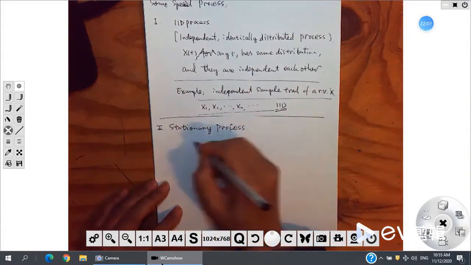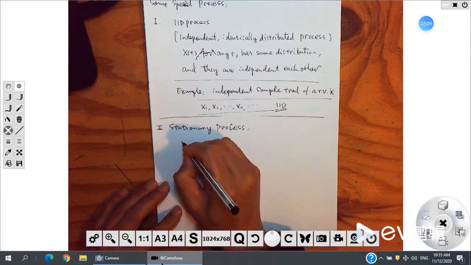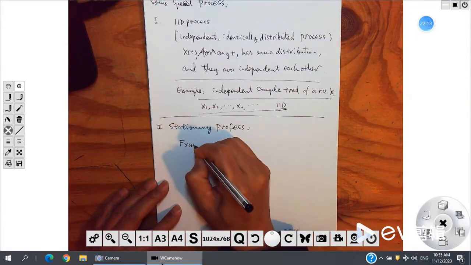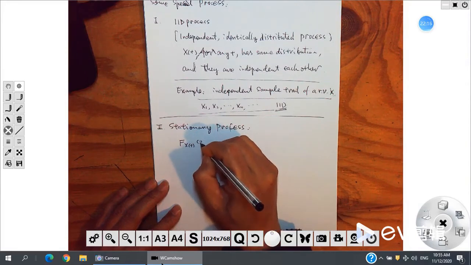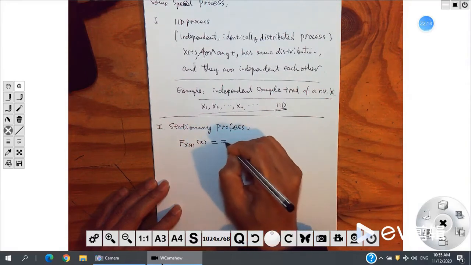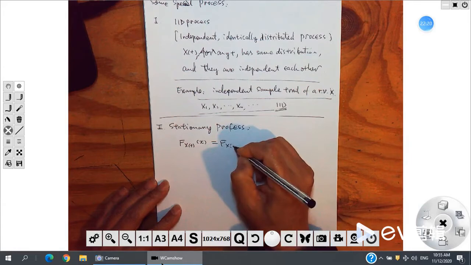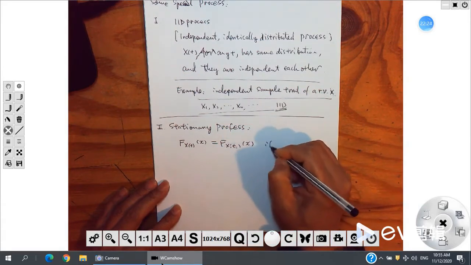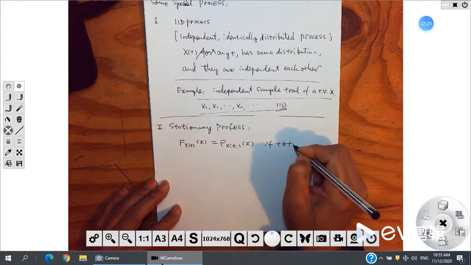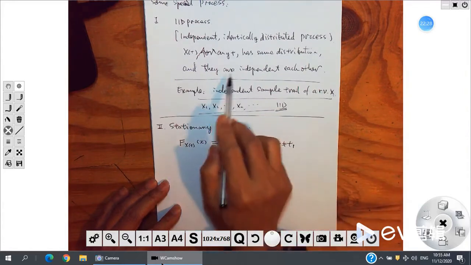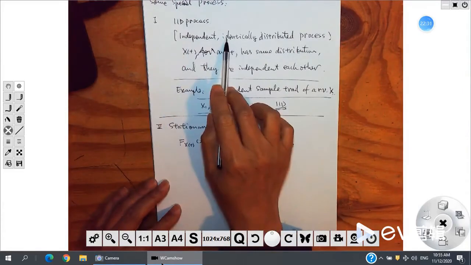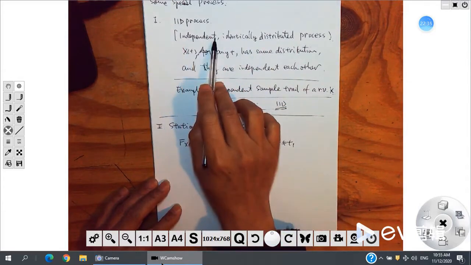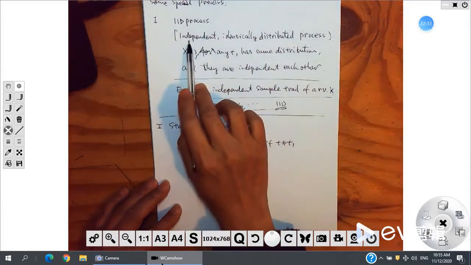So we have F_X(t)(x) equal to F_X(t1)(x) if t does not equal t1. So this is similar to that: identically distributed, but they might be independent, and maybe they are dependent, not independent.